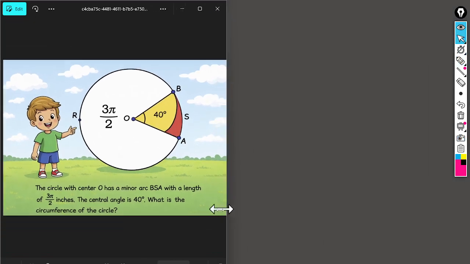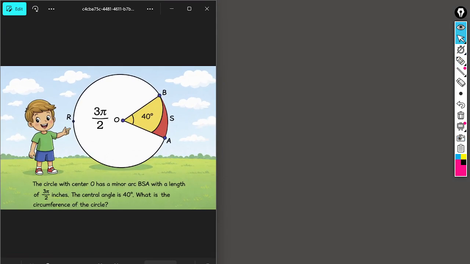So we can do something like this, starting with the known information, which is the minor arc with the length 3 pi over 2. So we can say that the arc, which is BSA, has a length, and this arc has a relationship with the circumference.